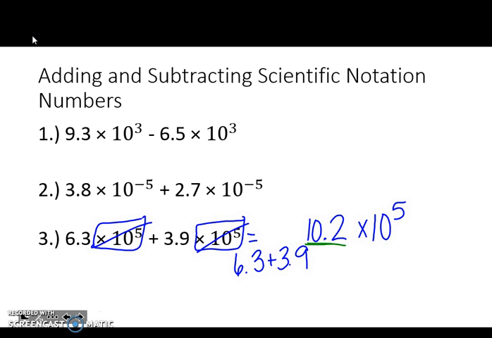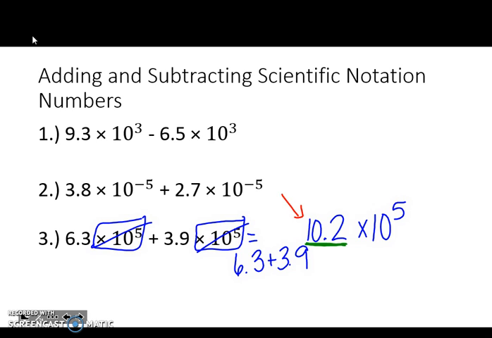Now, this 10.2 is breaking my scientific notation rules because it's greater than 10. So guys, we have to change this so it is correctly written in scientific notation. Okay? So we have to change this leading number.